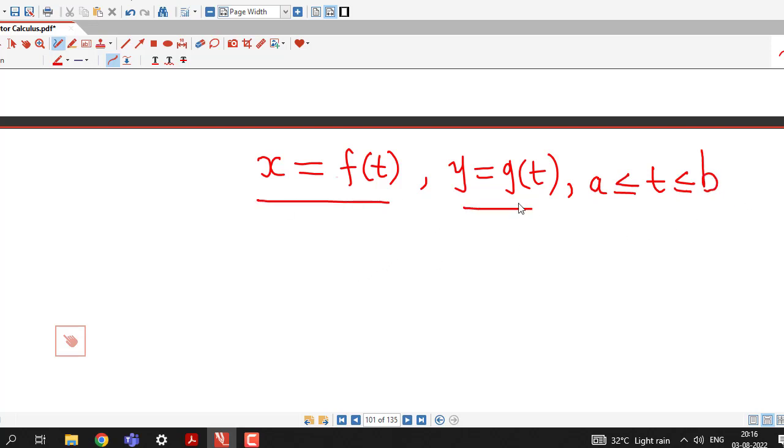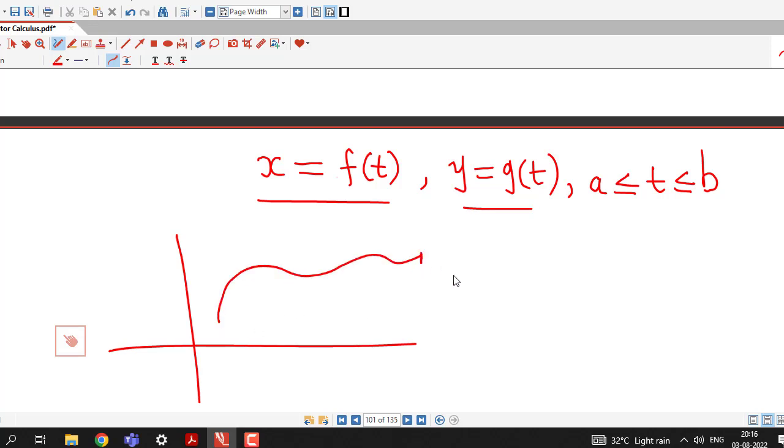Suppose this is the parametric representation of some curve in the plane between t equal to a and t equal to b, and suppose we are interested in the length of the curve between these 2 points. Then we have a ready-made formula for the length of a curve, and this formula is known as the arc length formula.